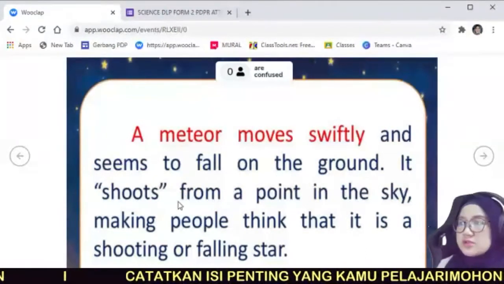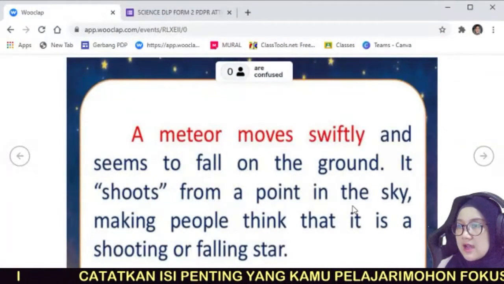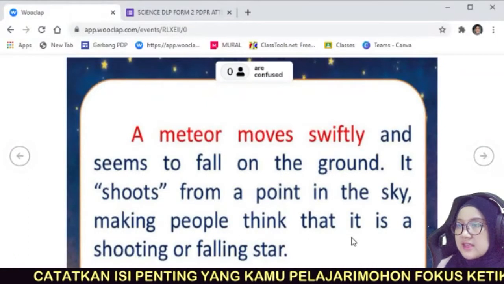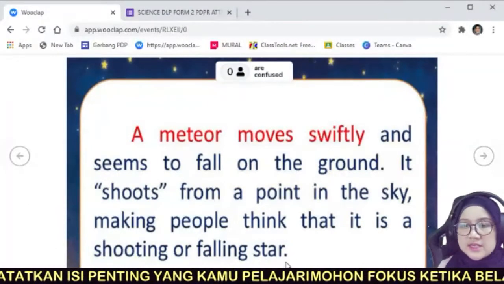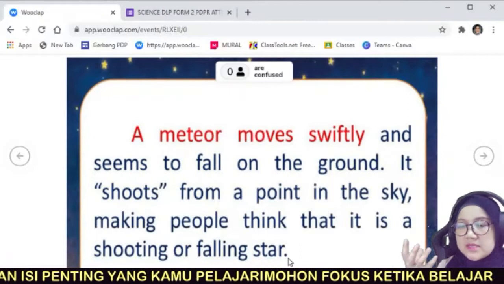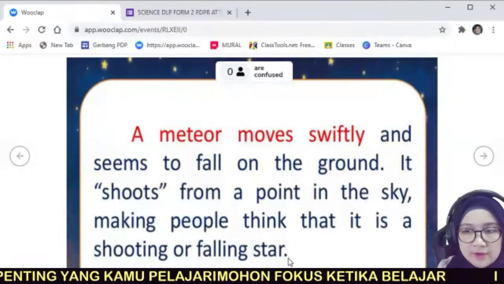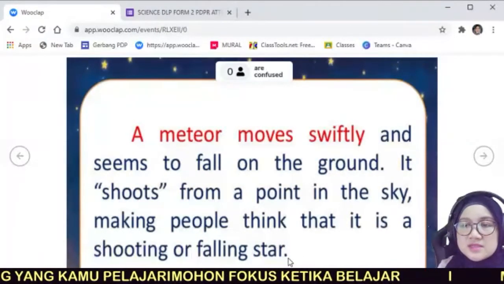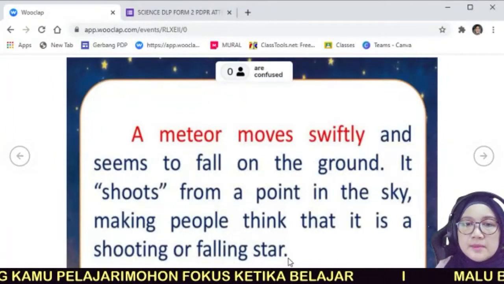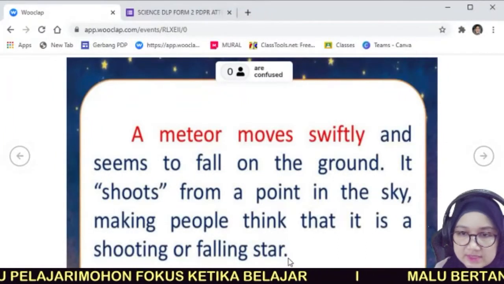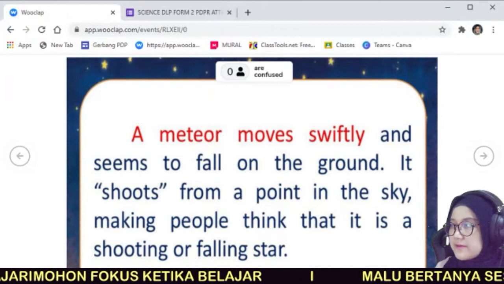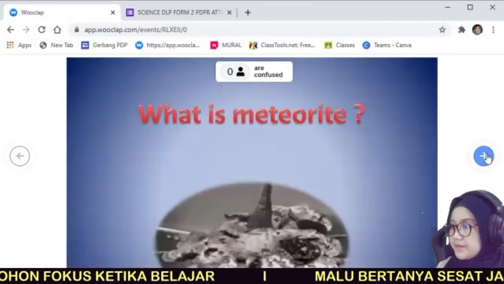It shoots from a point in the sky, making people think that it is a shooting star or falling star. As the meteor falls on the ground of the Earth, what does it become? Meteorite, because it has reached the surface of the Earth already.